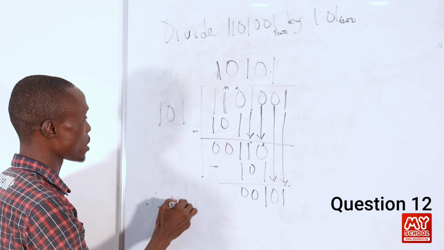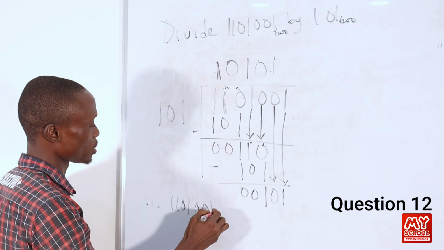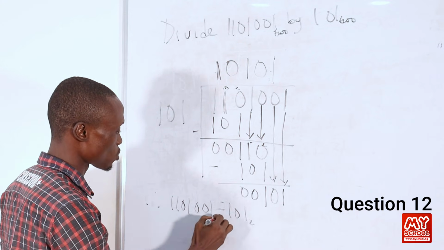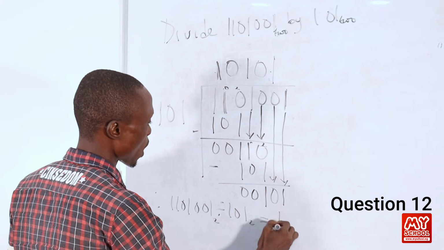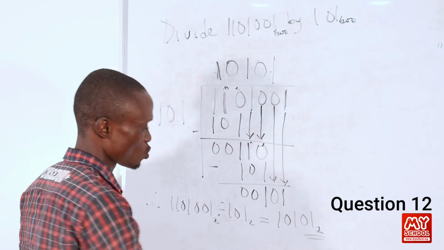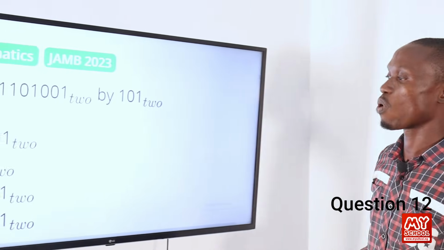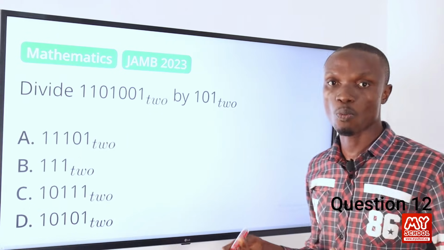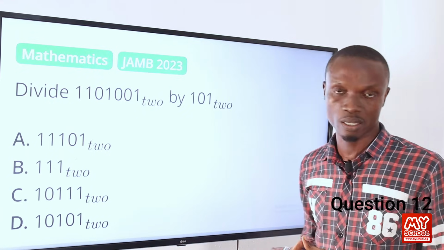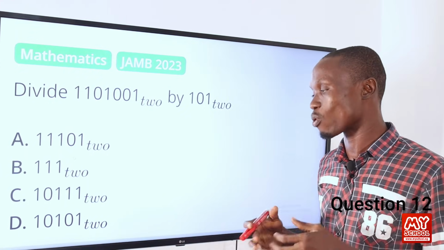Therefore, we can say 1101001 divided by 101, all in base 2, is equal to 10101 in base 2. Let's move over to the screen to choose our answer. From our calculation, our correct answer is D, which is 10101 in base 2.